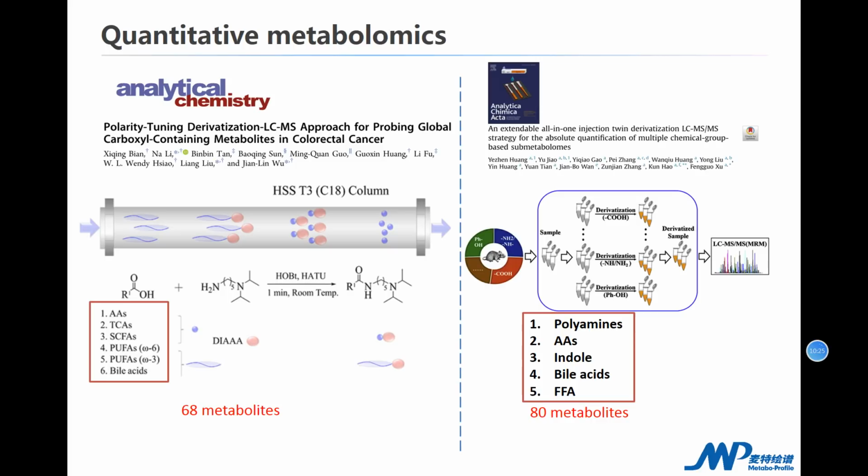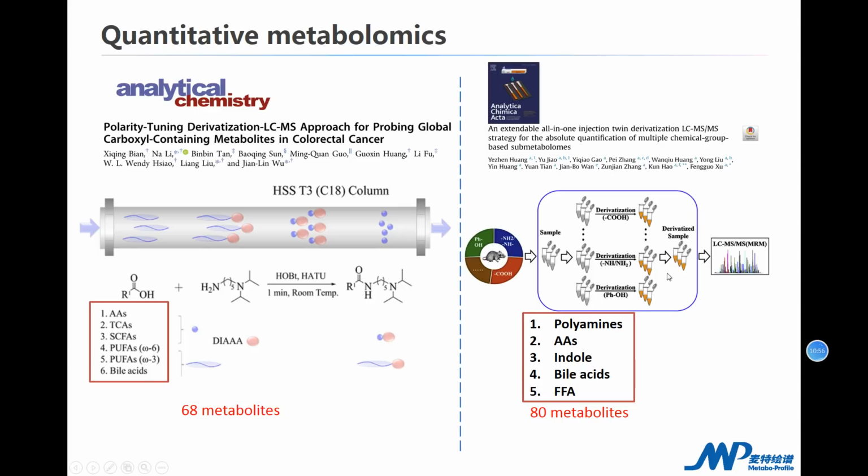For example, in this paper published by Professor Wu, metabolites with carboxyl groups were derivatized and detected by MRM. This method can quantify 67 compounds, including amino acids, organic acids, short-chain fatty acids, PUFAs, and bile acids, in one injection.